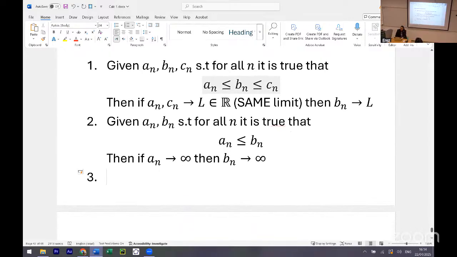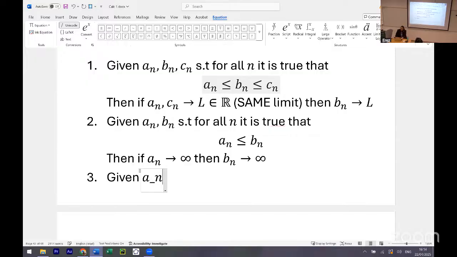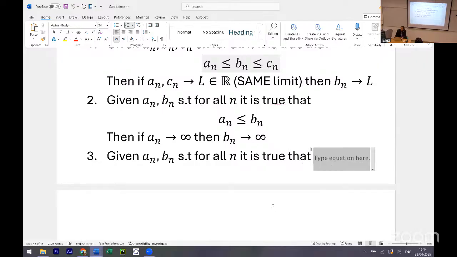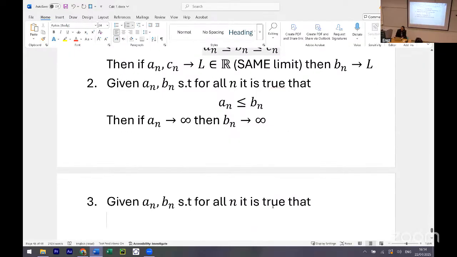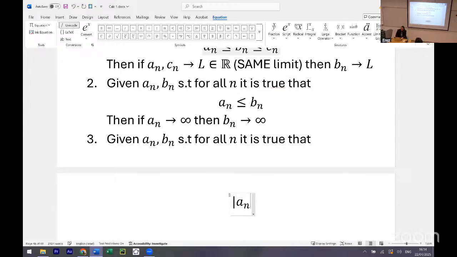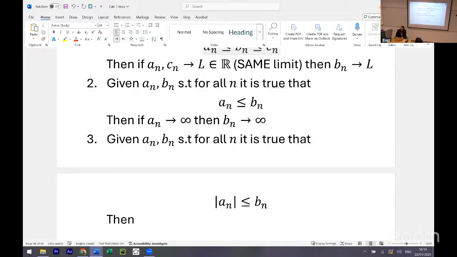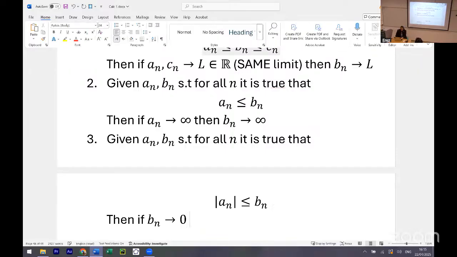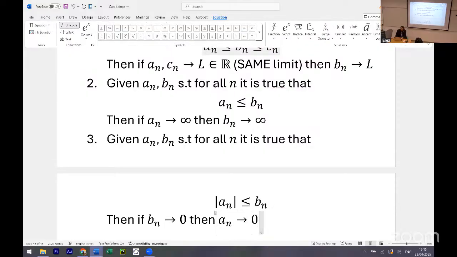And lastly, I call it sandwich on the floor. Given AN and BN such that for all n it is true that the absolute value of AN is smaller than BN, then if BN tends to 0, then AN tends to 0.